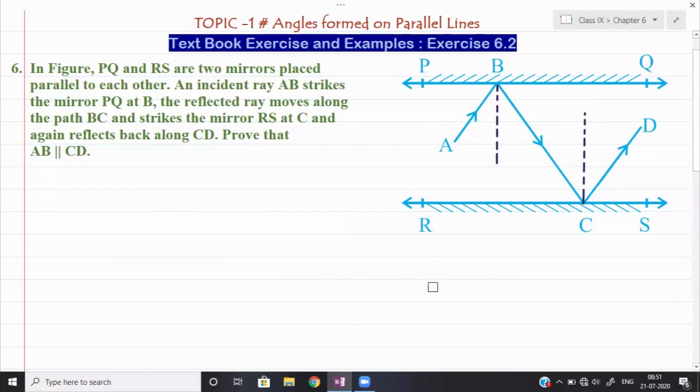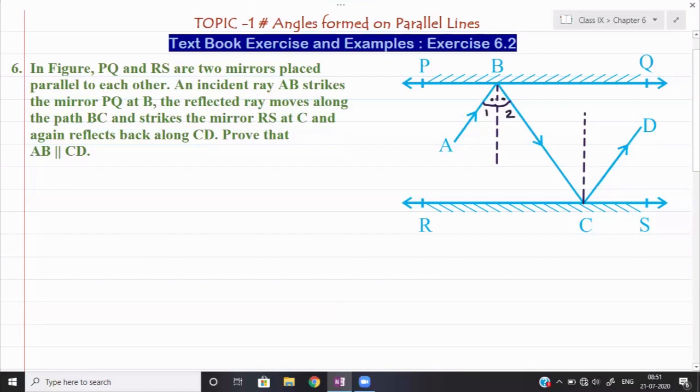Okay, let us write down the given things. And before I start the given, I will mark some names of the angles. See, this angle I am going to mark as angle number 1 and this angle I am marking as angle number 2. These two angles will be equal over here.